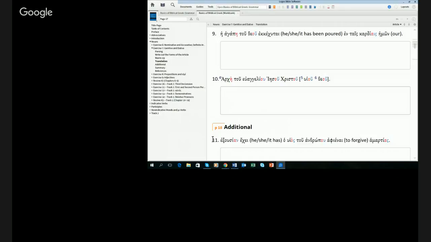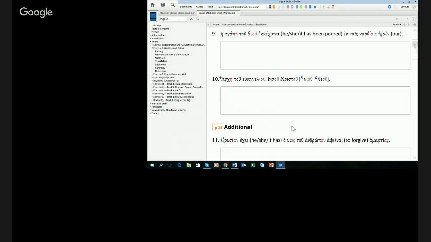It's probably a bit premature to be unpacking the details of that. So for our purposes, this is the beginning of the gospel of Jesus Christ, and this one functions simply as standing in what's called apposition to Jesus Christ, heu theou.